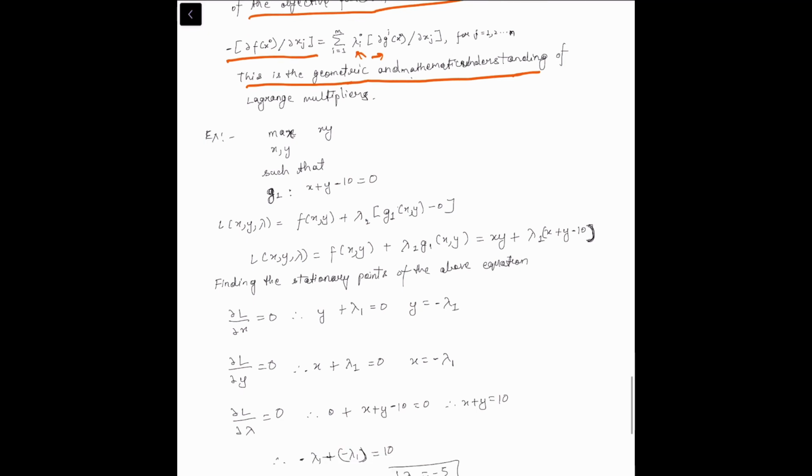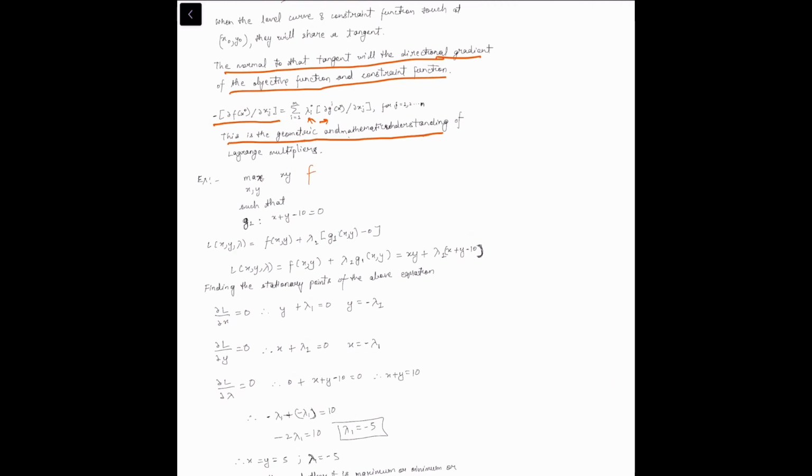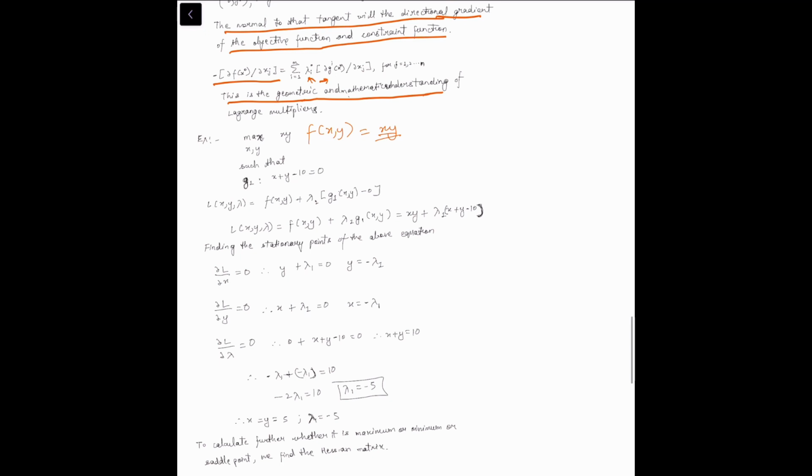Now let's consider a very easy solved example. Suppose we have a function f of x, y equal to xy, which we have to maximize such that g1 of x, y equals x plus y minus 10 equals 0.